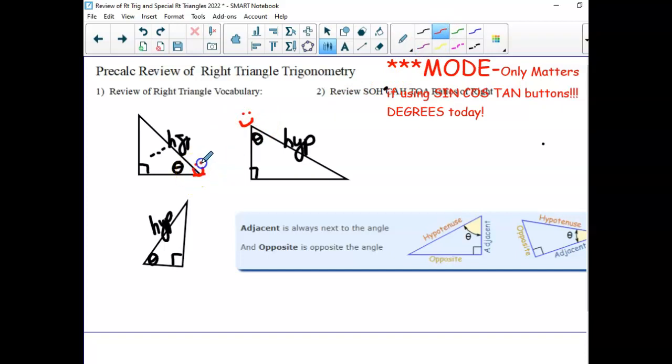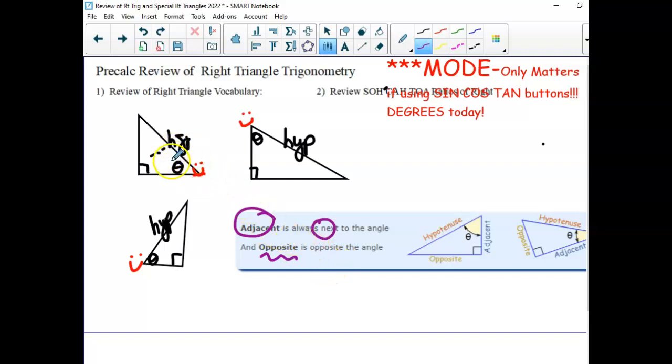I'm standing at this one, apparently frowning, and this one. Okay, then what we want to decide is which of the two legs we are standing next to or adjacent to. Okay, adjacent is next to the angle, and then opposite is all the way across from us.